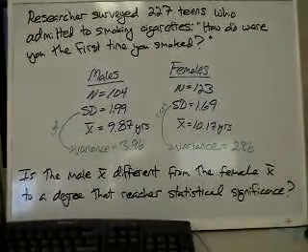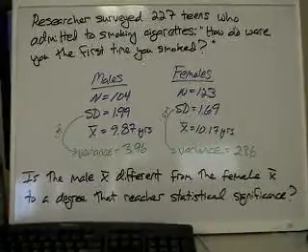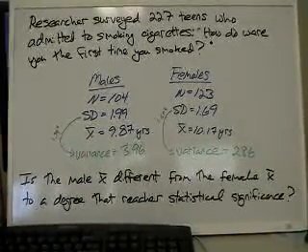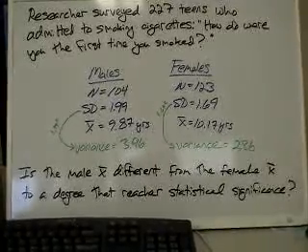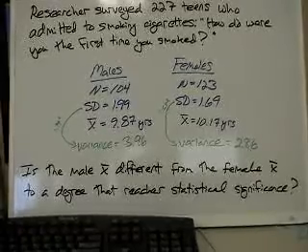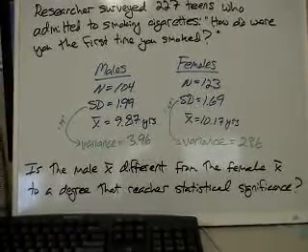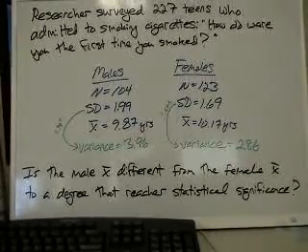Okay? Now you're going to need to know the variance later on. So remember, in order to get the variance, you just square your standard deviation. If you take 1.99 and multiply it by itself, you get 3.96, or a variance of 3.96 for males.